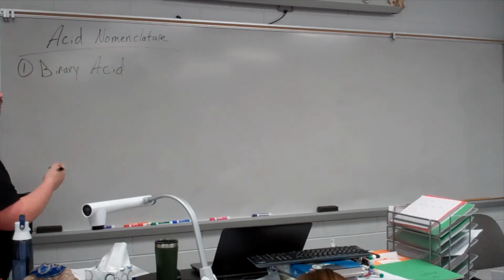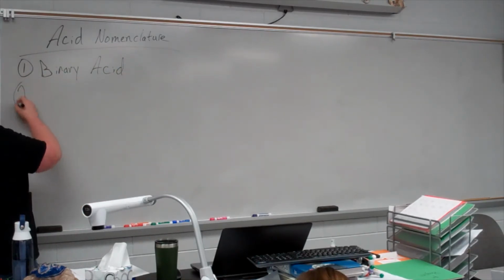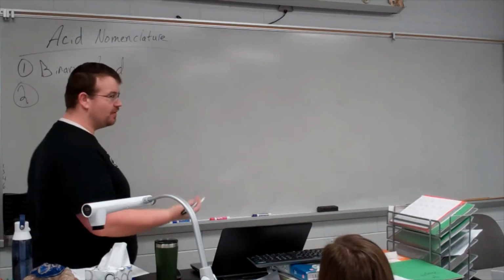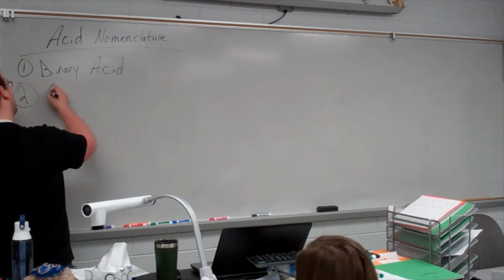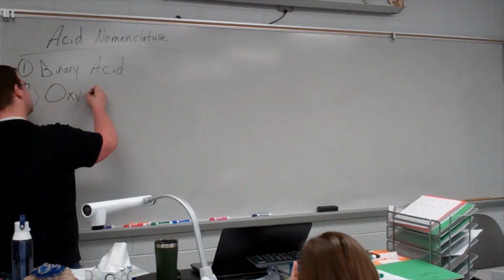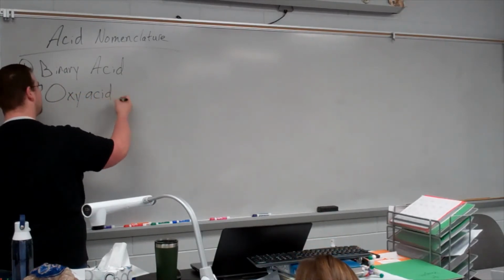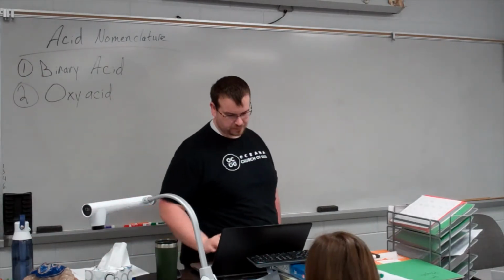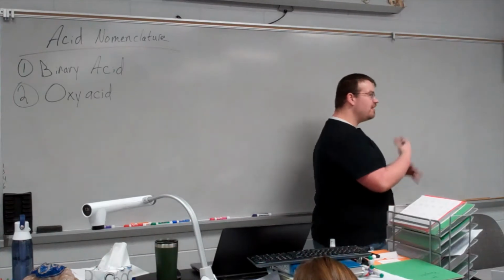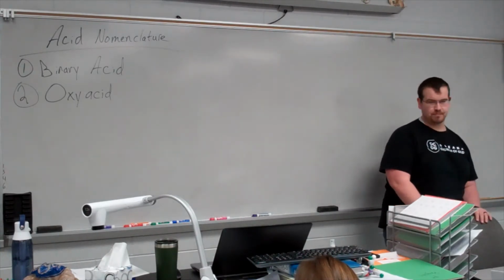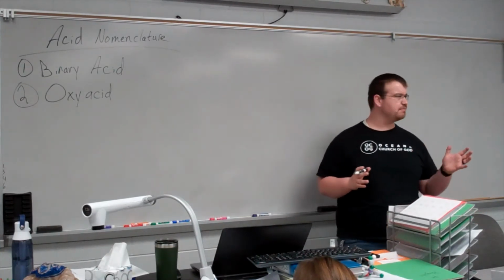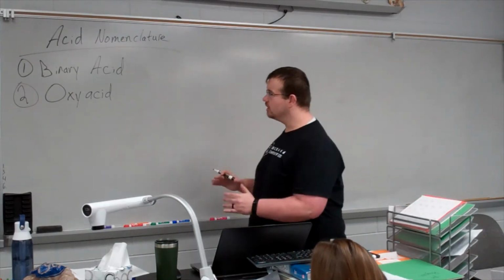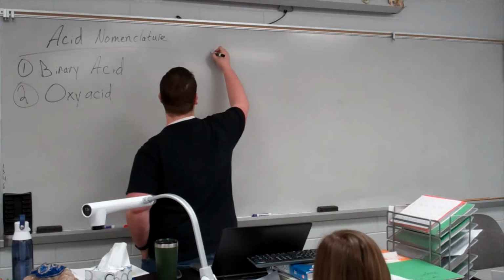And the second one is the one that you all will dread, but be so excited about, or what we like to call oxyacids. So within this, you're going to have to be able to determine the difference in the two cases. So let's start with the binary acids.